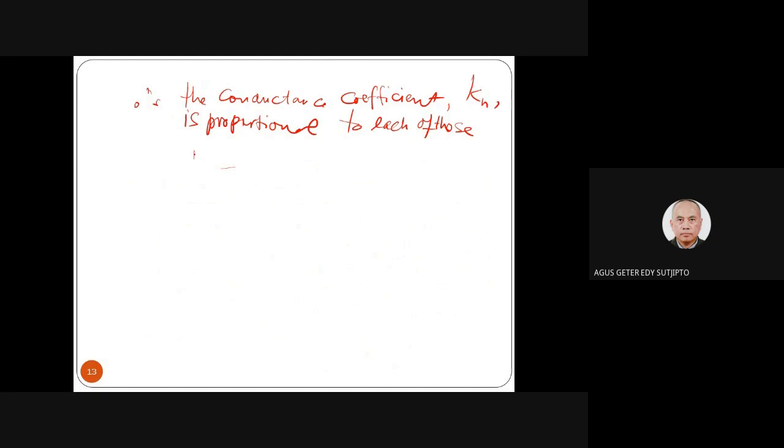So we have Kn equal to mobility of electron, COX, and W over L. This has the unit of ampere over square voltage.